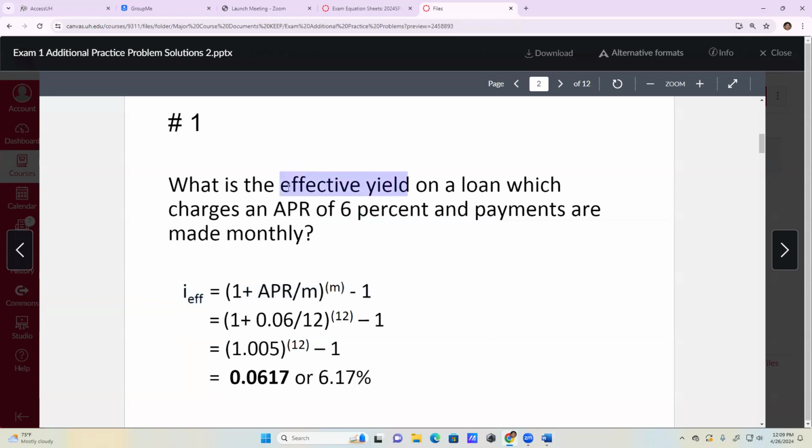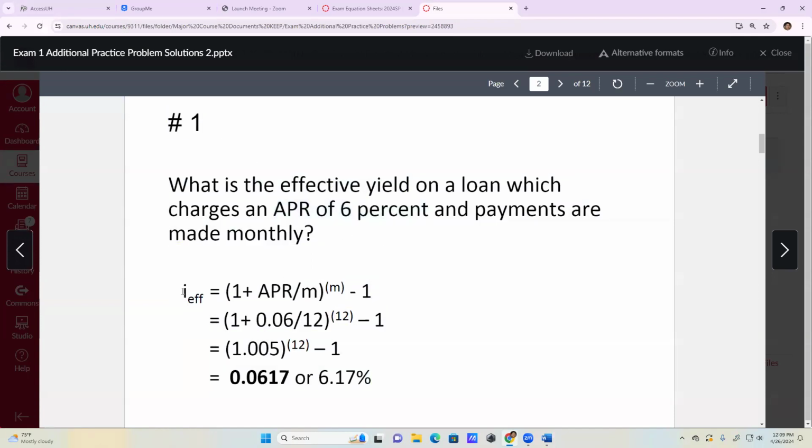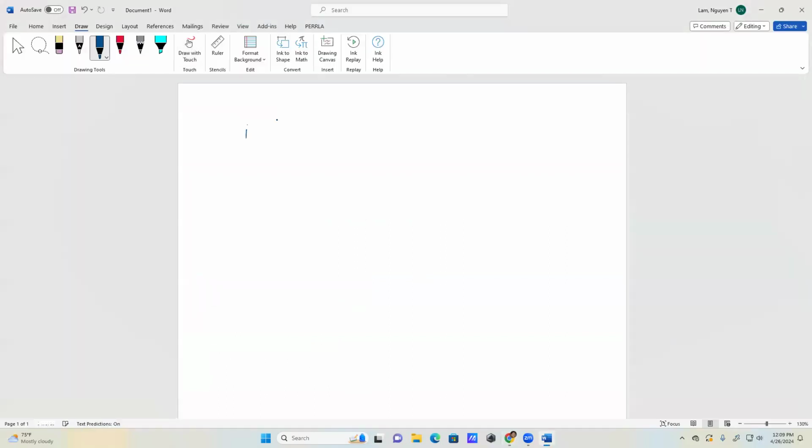So keyword here, effective yield. Whenever on the test you see effective yield and APR, they are referring to this type of problem. And I think this is not provided on the test, so you kind of have to remember the equation.